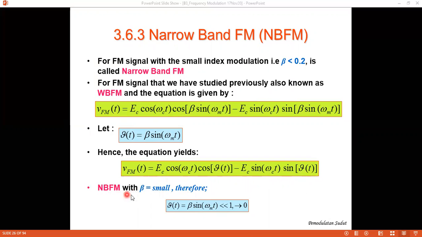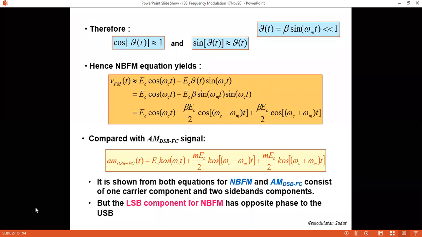With narrowband FM, since our beta is very small, then theta t is much less than 1, approaching 0. So for a very small theta t, cos theta t will be approximately equal to 1, and sin theta t can be approximated to theta t.